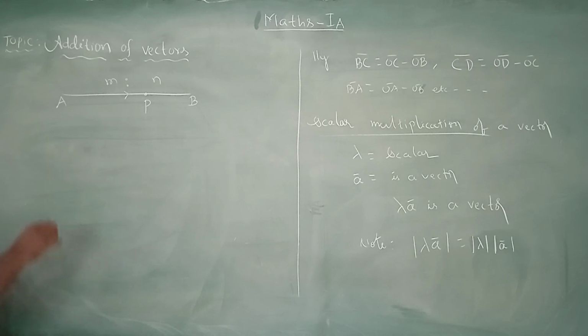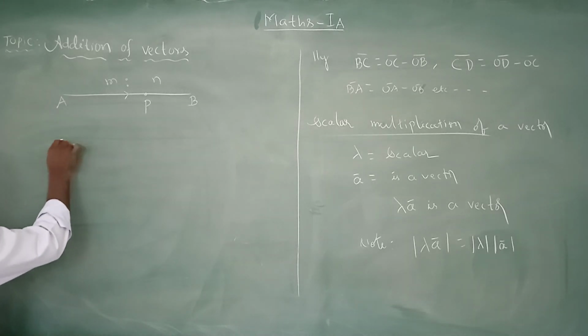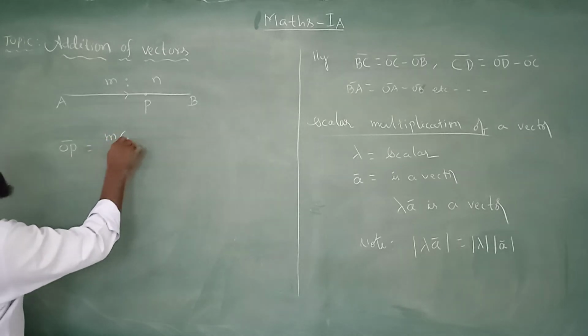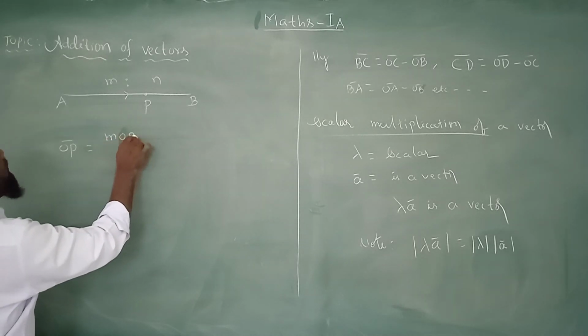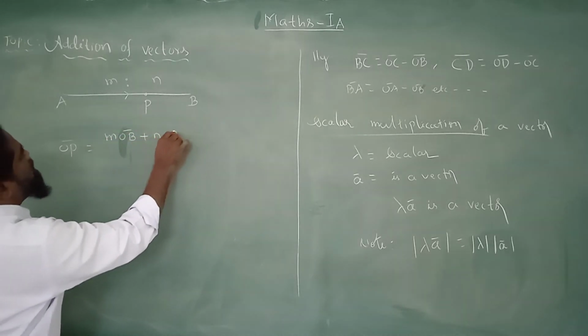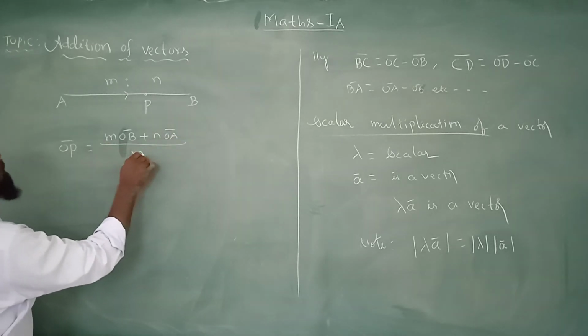Then we write the position vector of P, OP bar, as m into OB bar plus n into OA bar, divided by m plus n.